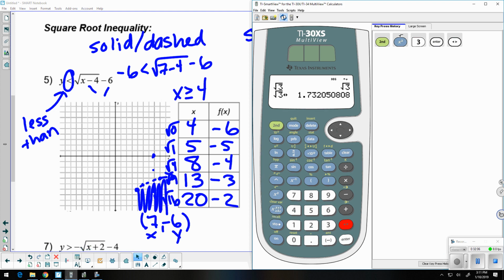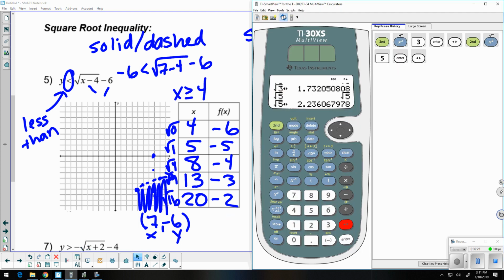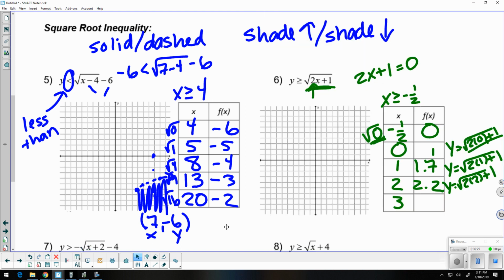I'm taking the square root of 5. That's about 2.2. And the last one, you can see your y's are increasing, so 3 should obviously be bigger. If I plug in 3 for x, 2 times 3 is 6, 6 plus 1 is 7. So the last one I'm doing is the square root of 7. And that's about 2.6.